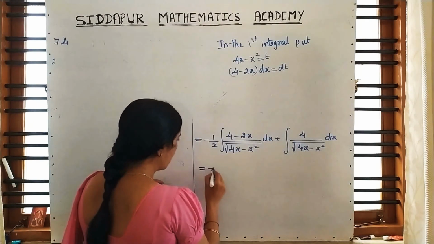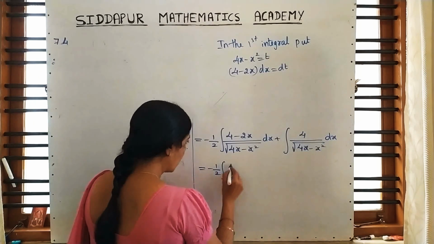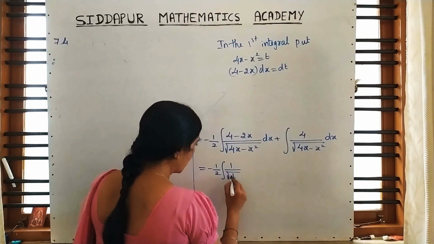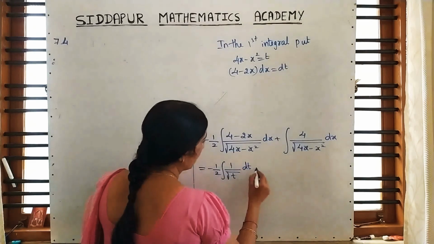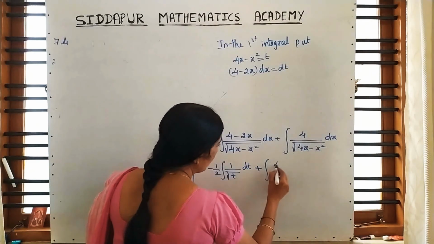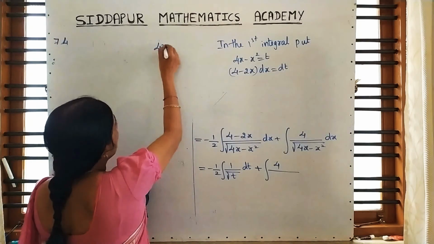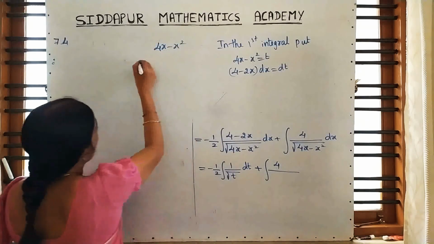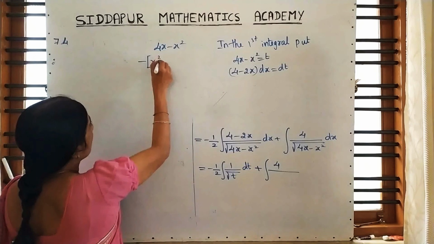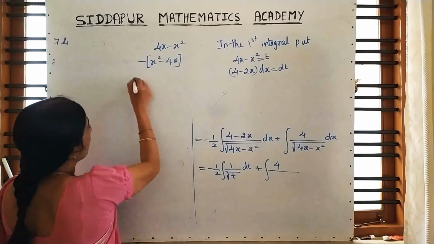So this is minus 1 by 2, 1 upon root t into dt, plus 4 upon, make it a perfect square. 4x minus x square, take minus common: x square minus 4x.